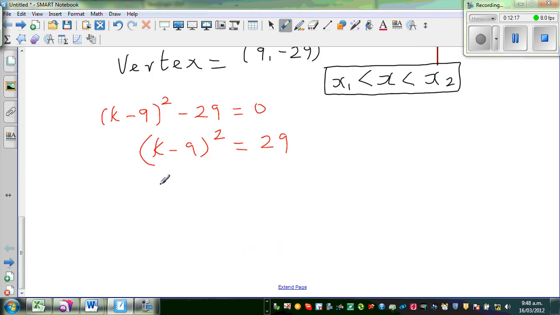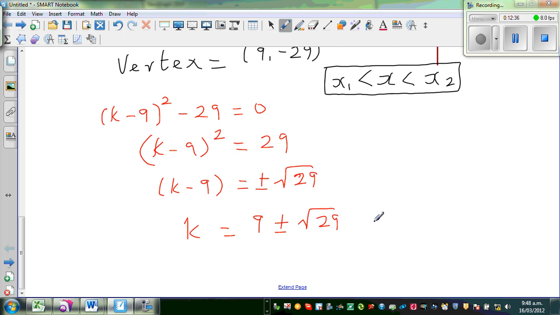Taking the square root of both sides, k minus 9 is equal to plus or minus square root of 29. So k is equal to 9 plus or minus square root of 29. Your x1, to be exact, is 9 minus square root of 29, and your x2 is 9 plus square root of 29. Does it make sense?